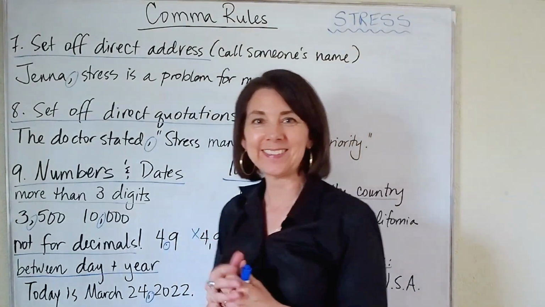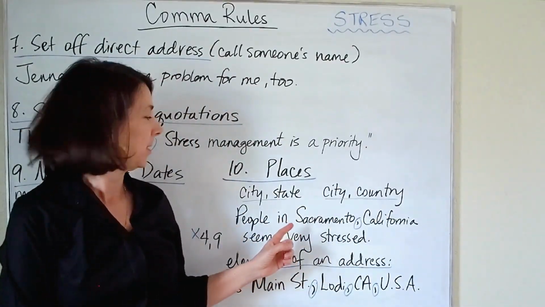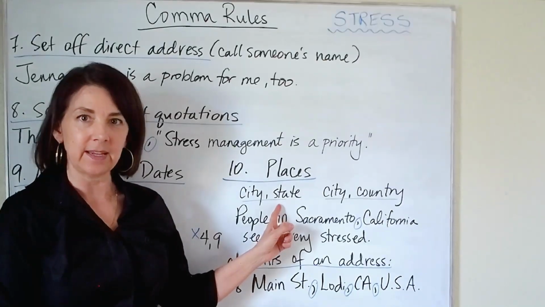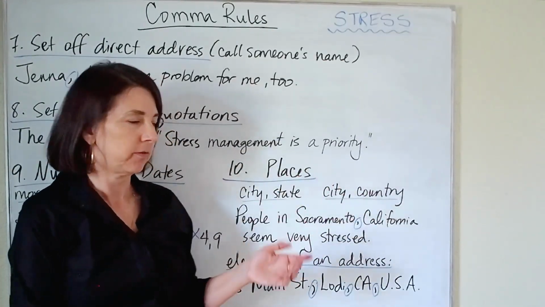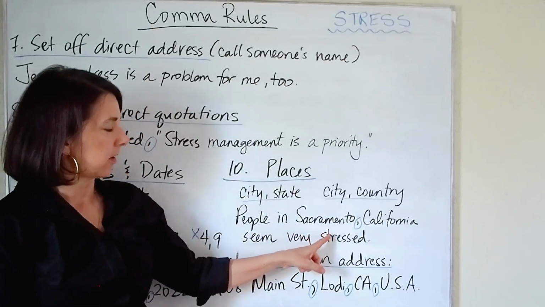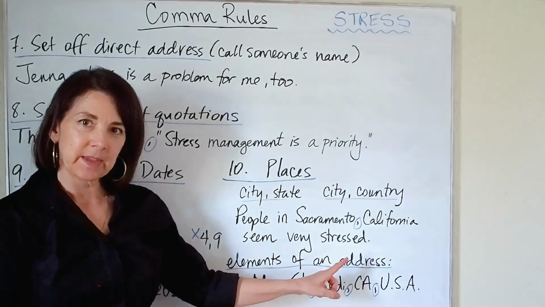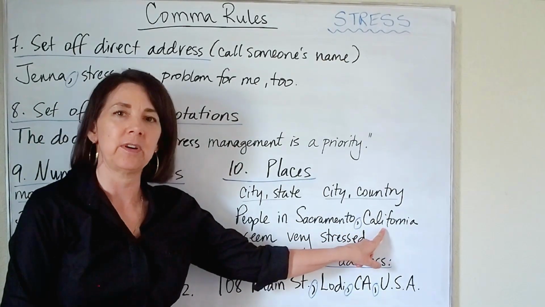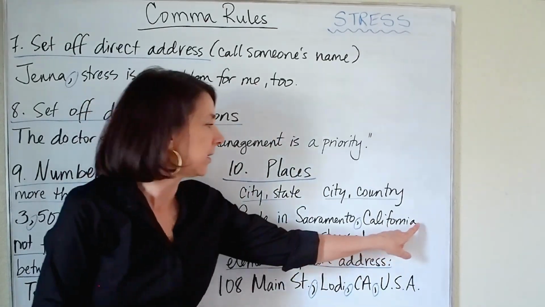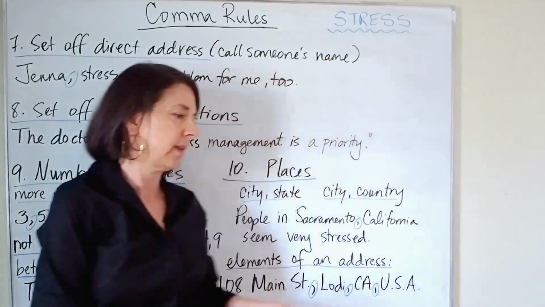Okay, and our last set of rules is about places. We use a comma between the city and the state, and between the city and the country. For example, people in Sacramento, California, seem very stressed. Sacramento is the city, and so we're going to put a comma before the state. If we also included the country, we would put another comma and then the country.